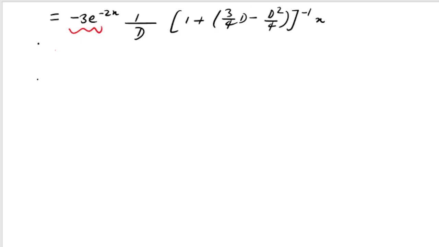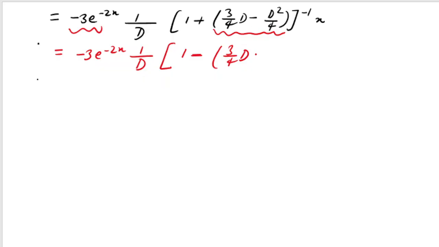What I am going to do now is write minus 3 e to the power minus 2x, 1 by D, and the whole thing should be treated like x. So I write 1 minus x: 1 minus 3 by 4D minus D square by 4, and plus.